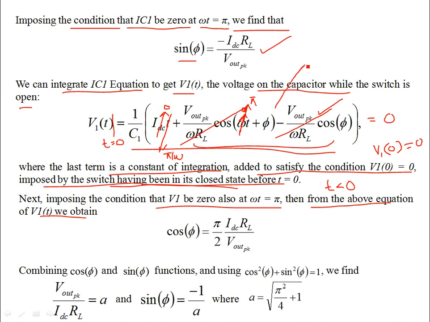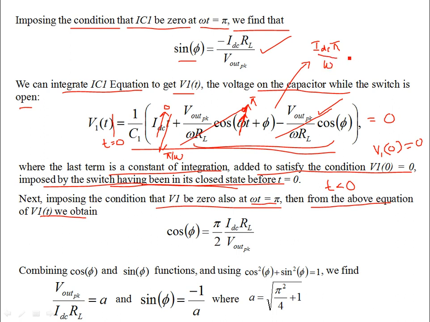The first term is IDC times t, and t is pi over omega, so you have IDC pi over omega.